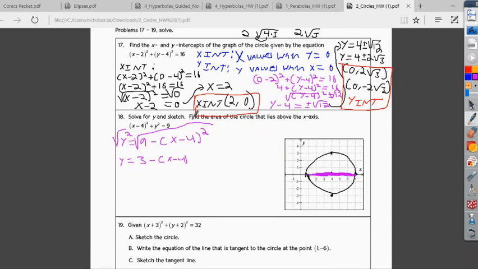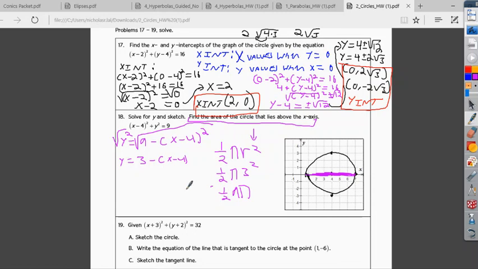So it's going to be 1/2 times pi r squared, which is 1/2 times pi 3 squared. That's 1/2 of 9 pi.